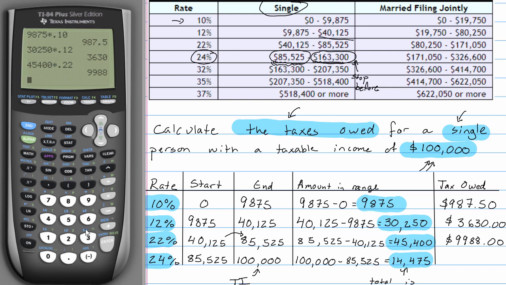And then this last bit, the 14,475 at 24%, that's 3,474.